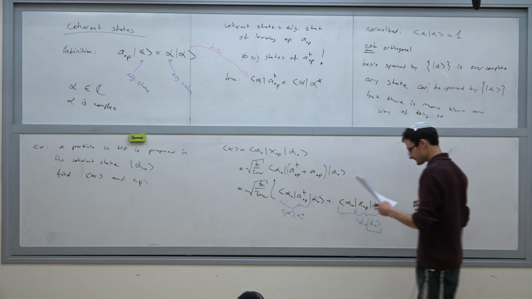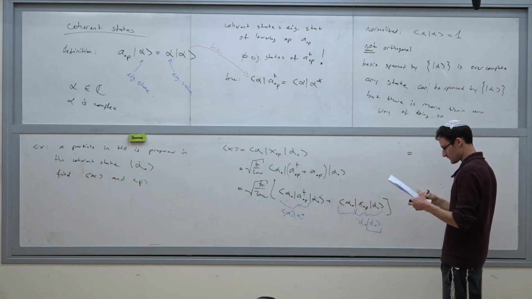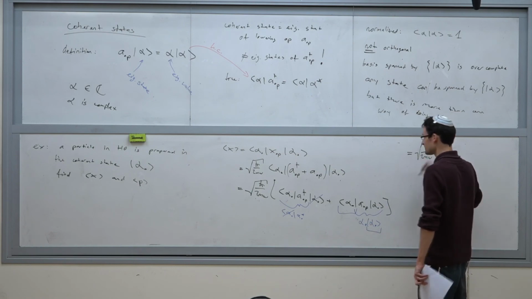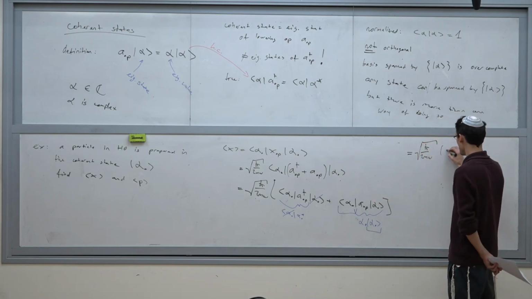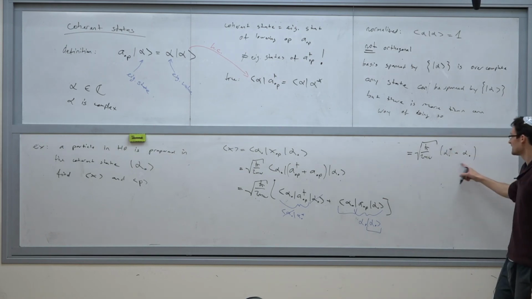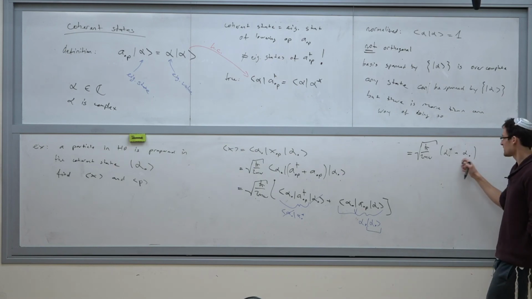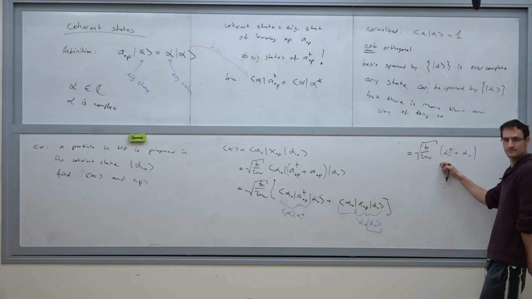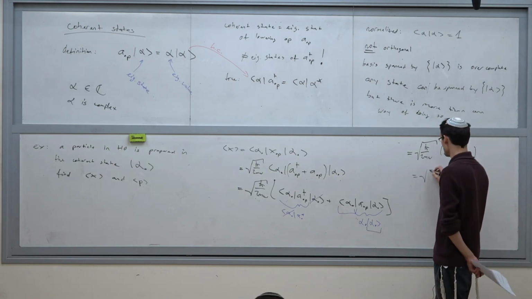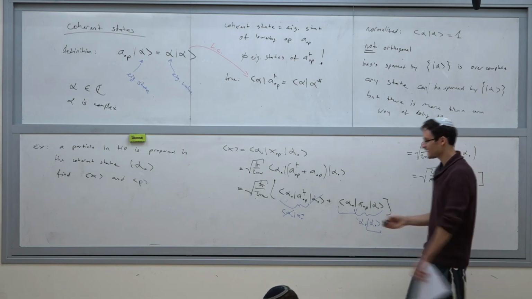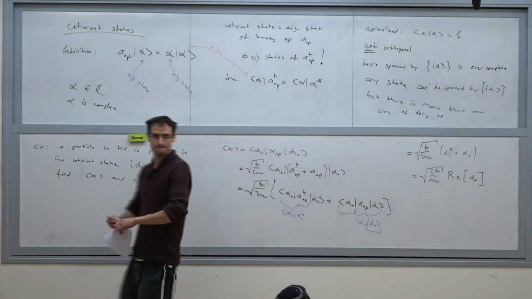So we find square root of h bar over 2m omega times alpha naught star plus alpha naught. So this is the sum of a number and its complex conjugate. That's just twice the real part, right? So this is equal to root 2 h bar over m omega times the real part of alpha 0. Why root 2?